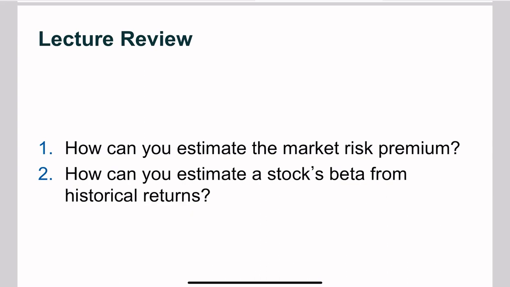Okay, now let's see the two questions which help to review this chapter. How can you estimate the market risk premium? There are basically two ways, right? The first, you could look at past historical data and calculate average market returns.